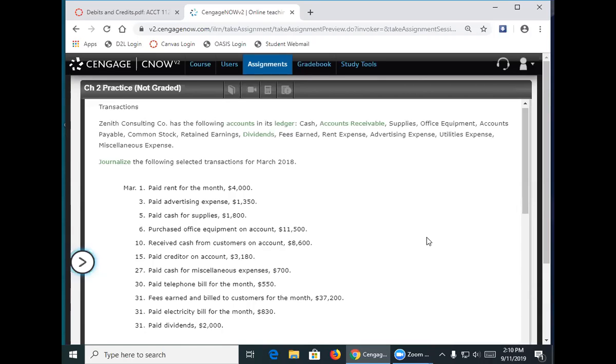So if we have cash, which is an asset account, and it's increasing, we're going to debit that account. We show increases to assets by debiting. If we decrease an asset, we credit the account, okay?